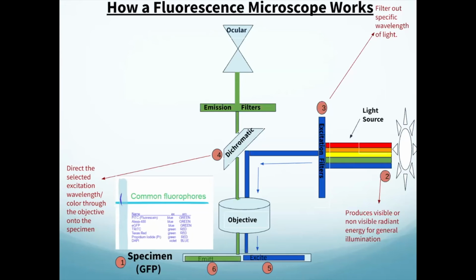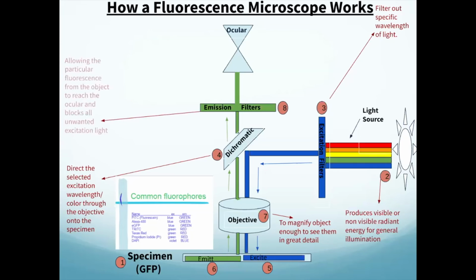and it'll emit the green light up to the objective. And the objective's purpose is to magnify enough to see them in great detail. It'll keep on going up past the dichromatic mirror up to the emission filter.